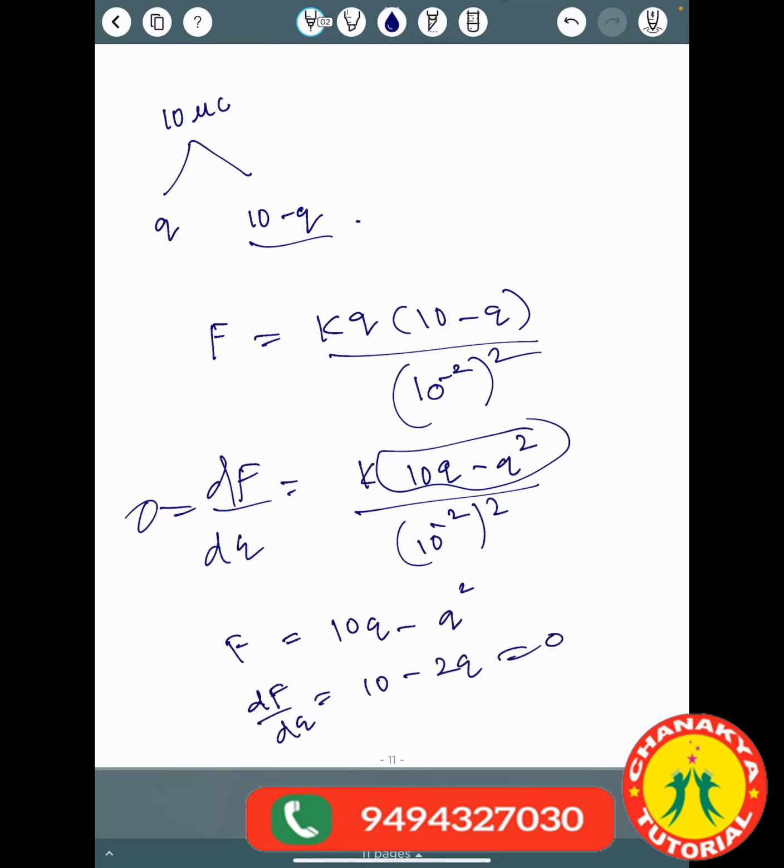Q is equal to 5. So they are 5 microcoulomb and 5 microcoulomb. Okay. Any doubt? No, sir. Okay. So like this you have to do. So 5 and 5 should be the answer. Okay. They did a long process, but it's very simple, right?